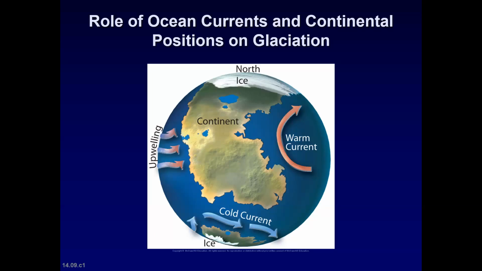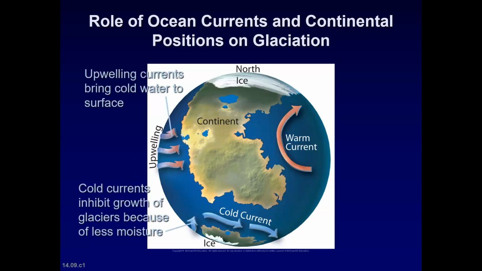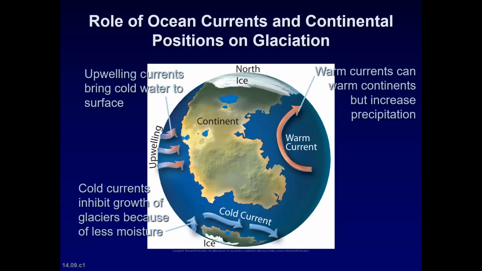So it's not just elevation and precipitation alone, it's also the ocean playing a part. Sometimes cold currents can inhibit growth because they put less moisture into the atmosphere, so you have less precipitation. All right, and then warm currents can warm adjacent parts of a continent, inhibiting glaciation.